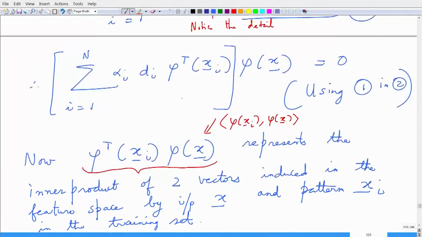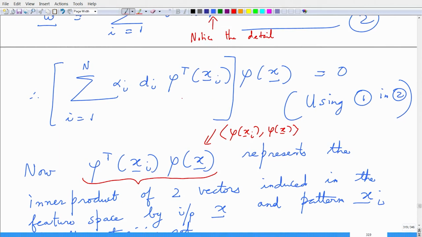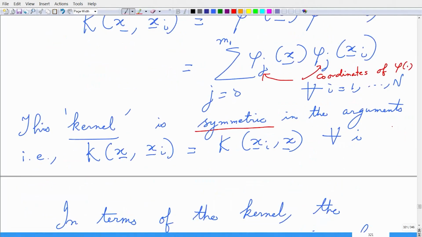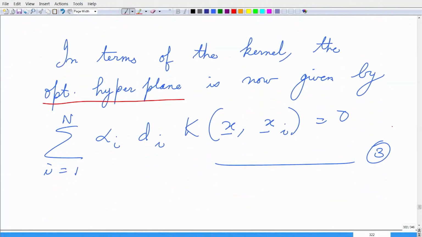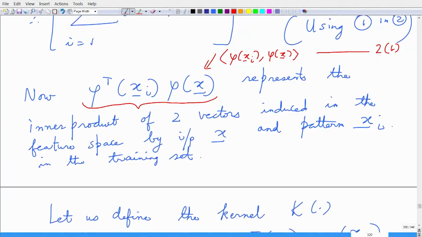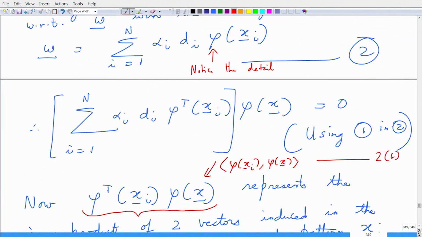This is from this equation here, which I call possibly equation 2b, and just rewriting 2b in terms of the definition of the kernel, I get this equation 3. I did not bring in this notation 2a here, I subsumed the a into equation 2.